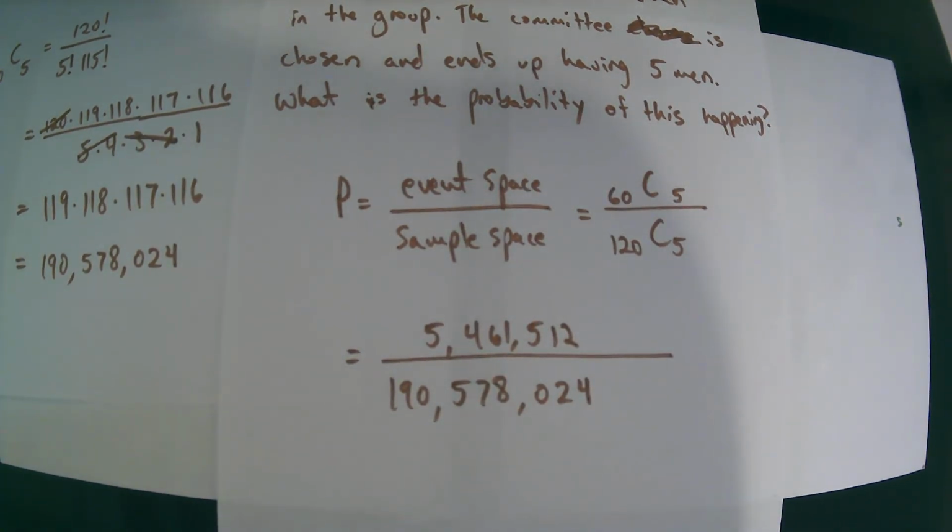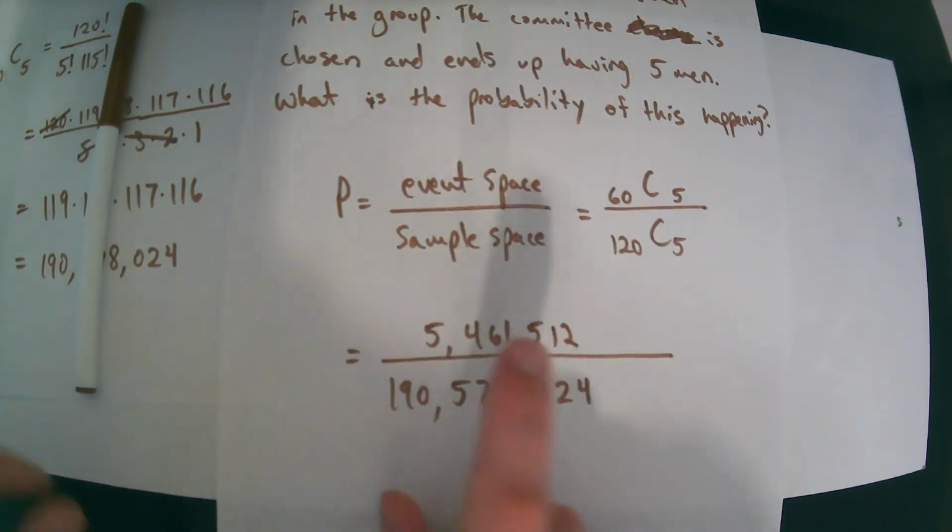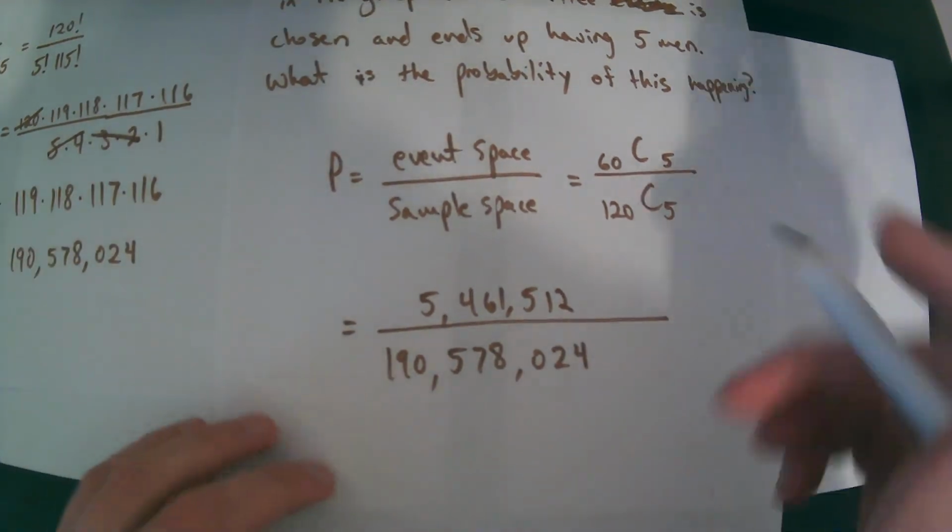So 60 times, where's my calculator? 60 times 59 times 58 times 56, stopping there because I would not need anything below 55, and then I would divide by 5 factorial, which is 120, so divided by 120. Well, I got something different this time. Let me try it again. 60 times 59 times 58 times 57 times 56. I think I missed 57, then divided by 120. Yeah, okay, I got the same thing. I just didn't multiply by 57.